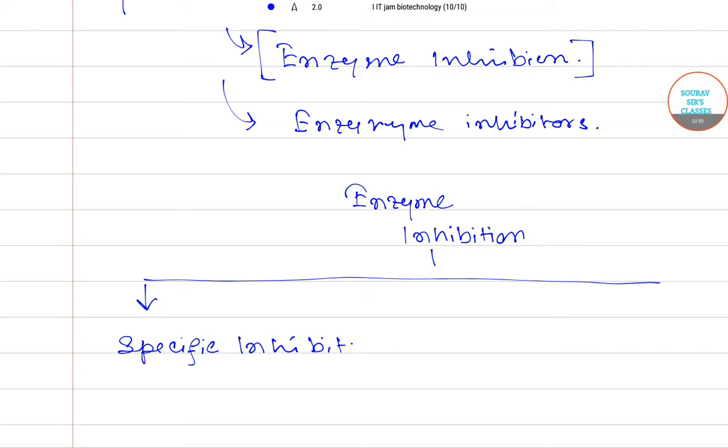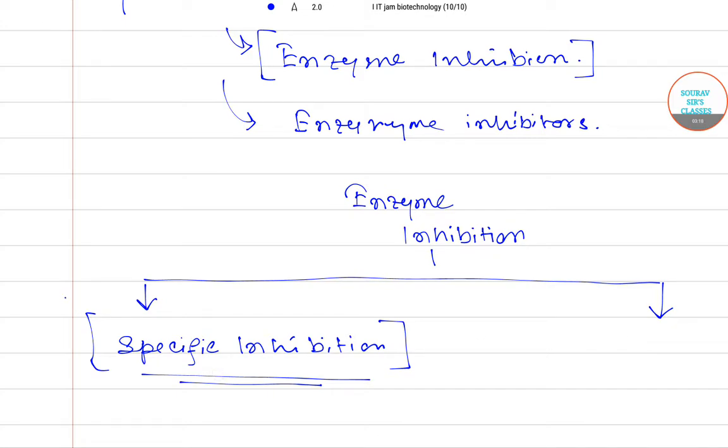By specific inhibition we mean compounds or ions which are very specific in their effect, like inhibiting only one enzyme. There are certain compounds which are very specific in their effect on particular enzymes.